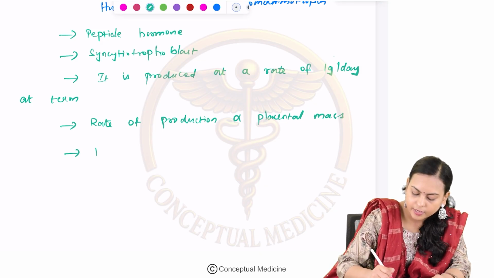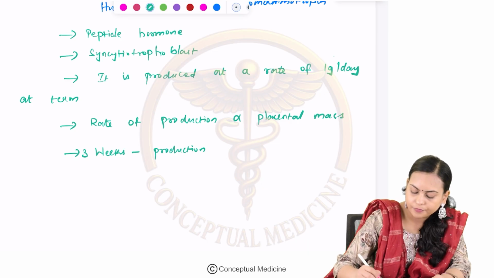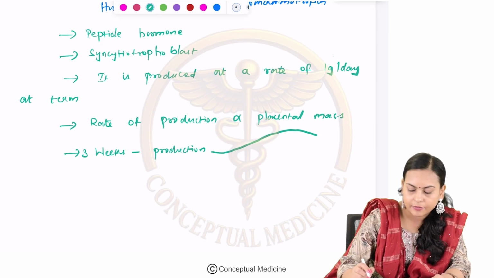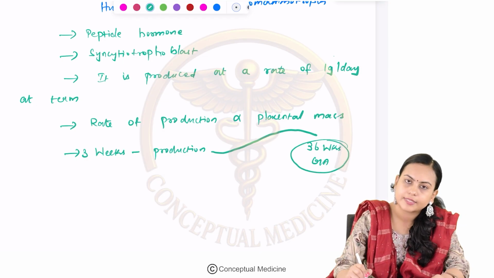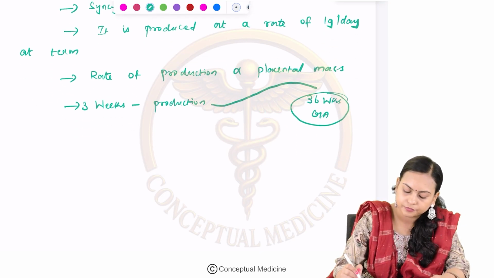Okay? For example, production starts around 3 weeks of gestational age and it keeps on increasing through pregnancy as the placental mass is increasing, and by 36 weeks of gestational age, it attains its peak levels. Understood?